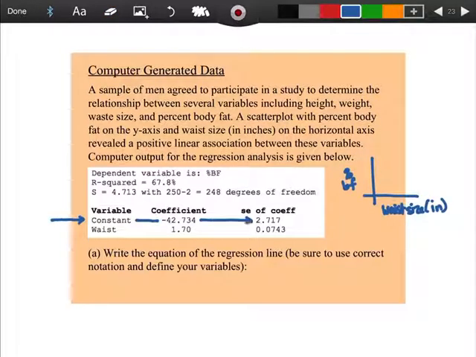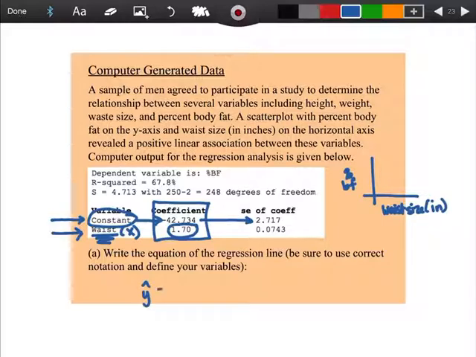If you look, you have two lines of data, a line for your constant, so everything on this line is dealing with my constant. In fact, this column is the coefficient for the constant, and a line that deals with your waist. This number right here is the coefficient in front of my waist. Well, remember, my waist size was x. The coefficient in front of x is my slope.